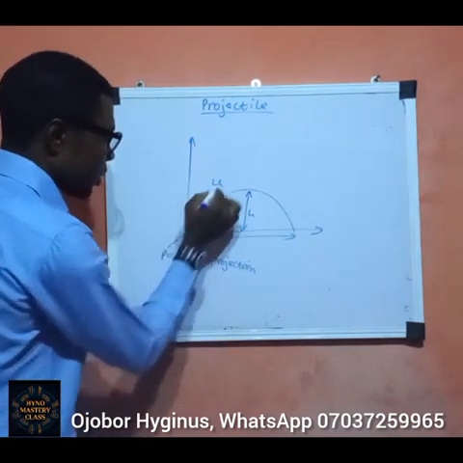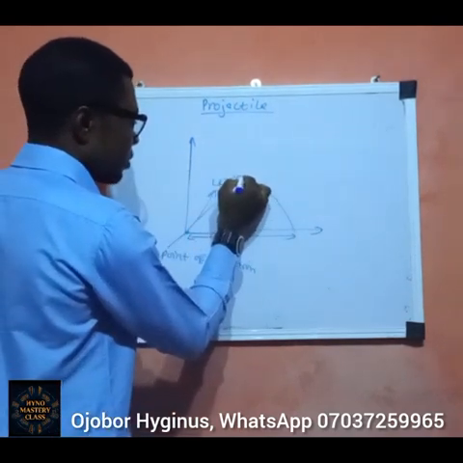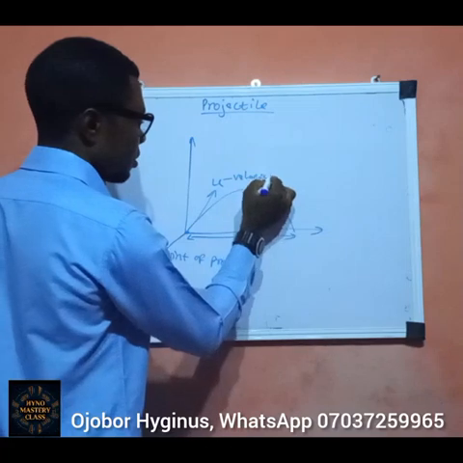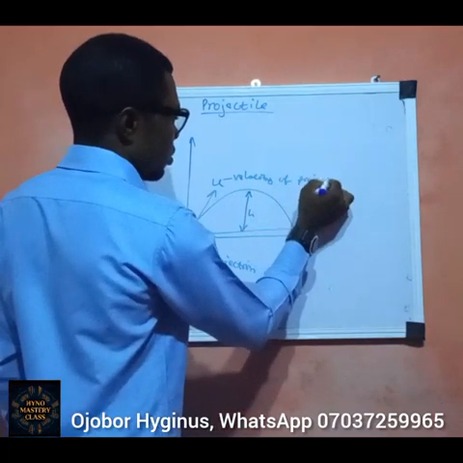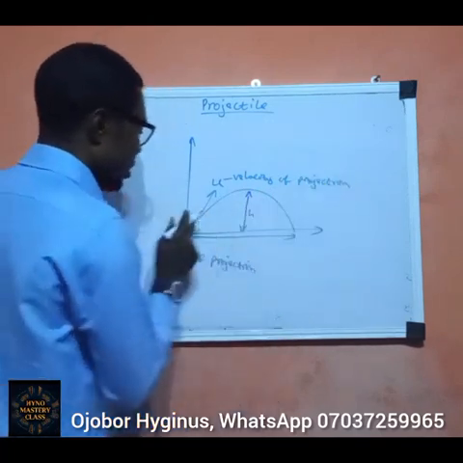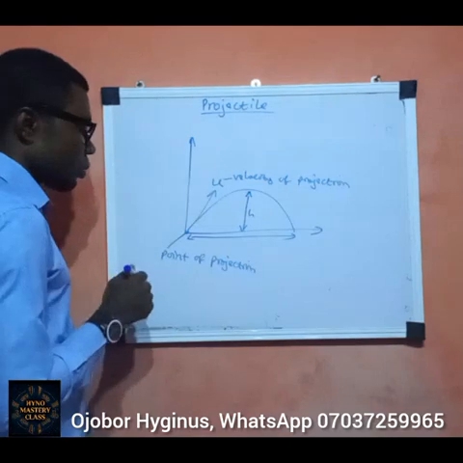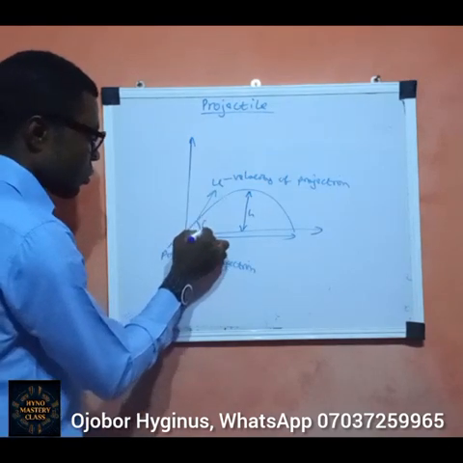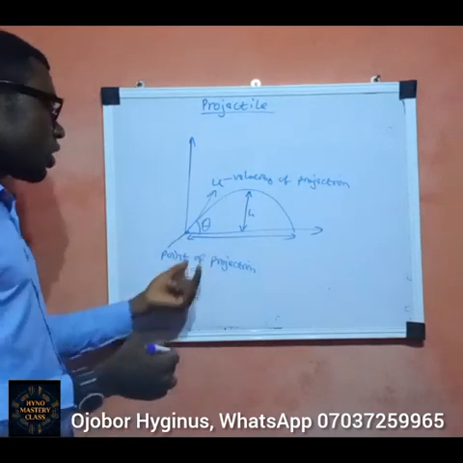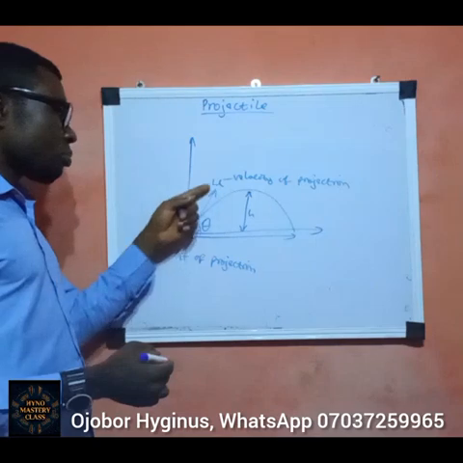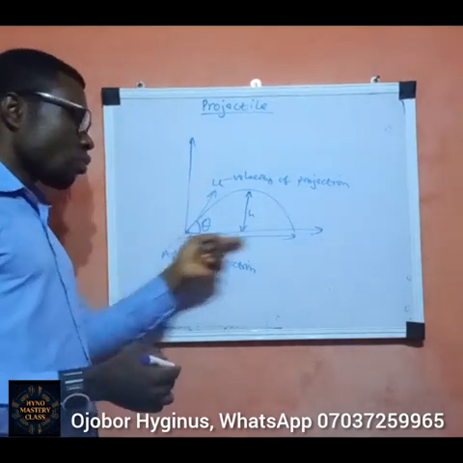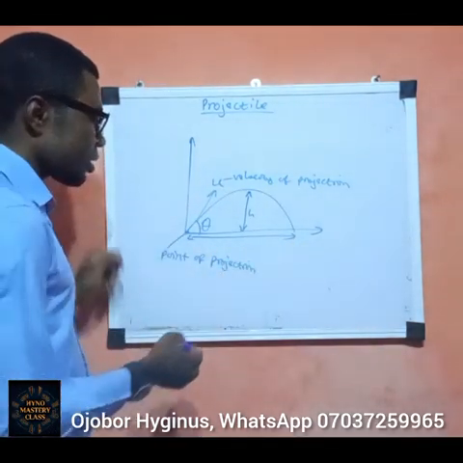And u is the velocity of projection, which of course is the initial velocity, the velocity at which the object was projected. While this is the angle of projection, that is the angle made by the projectile with the horizontal.